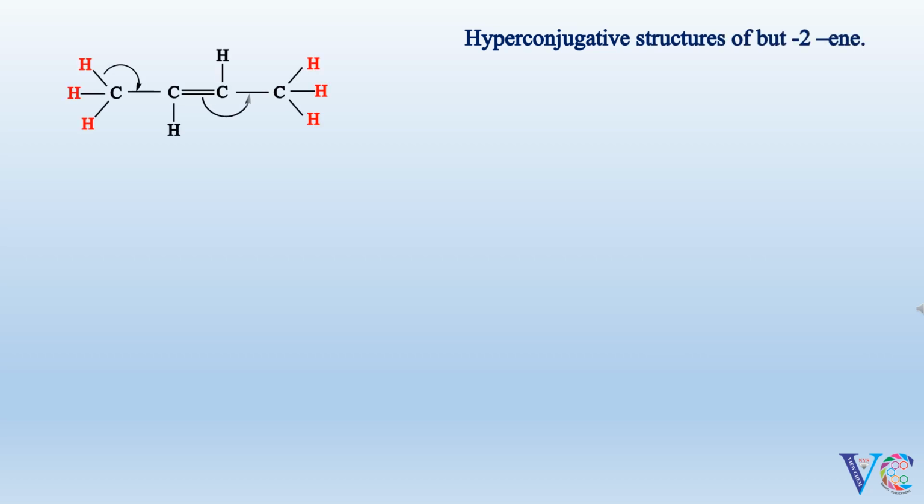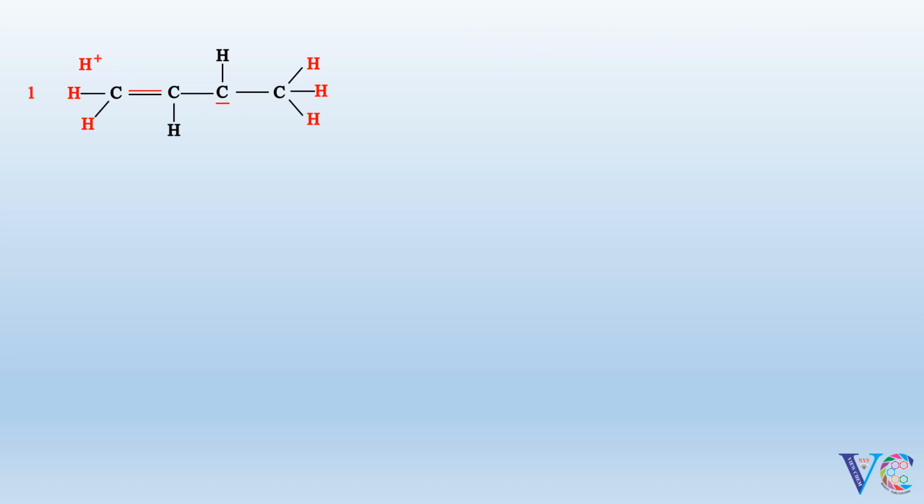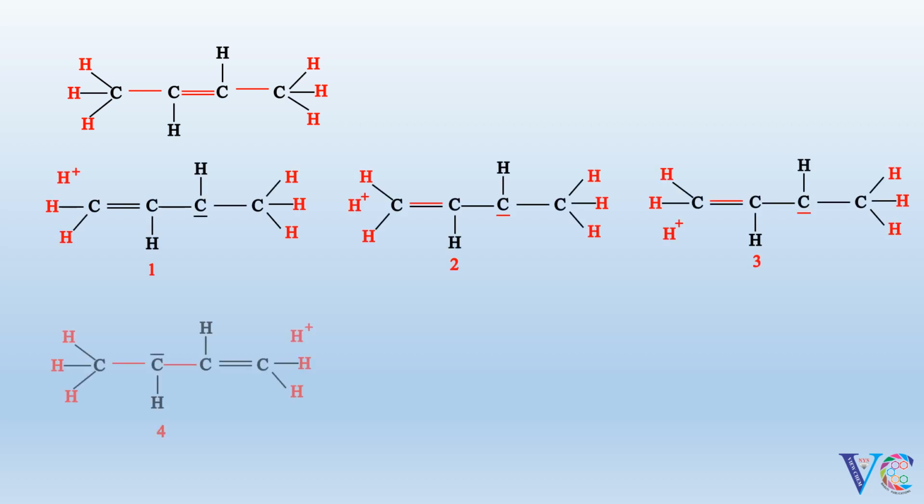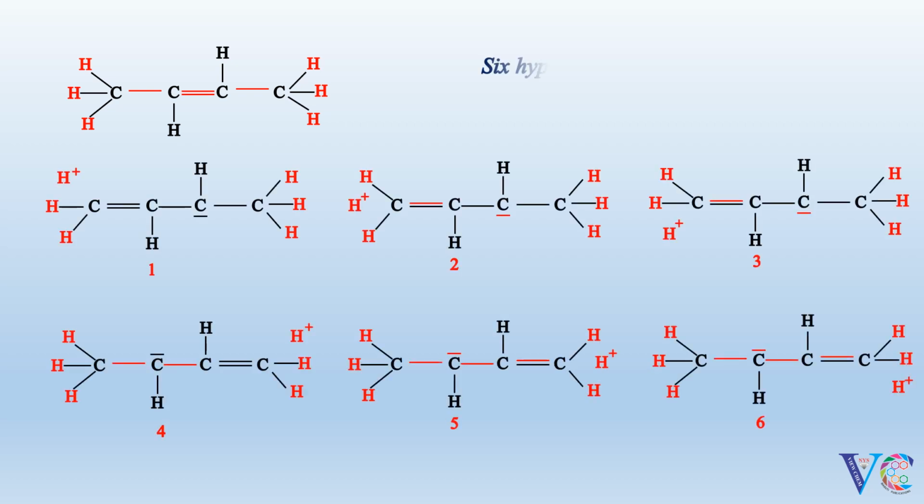Hyperconjugative structures of but-2-ene. Six hyperconjugative structures of but-2-ene.